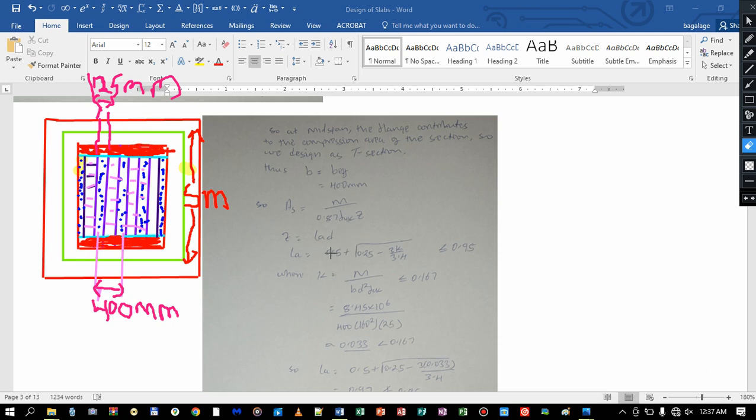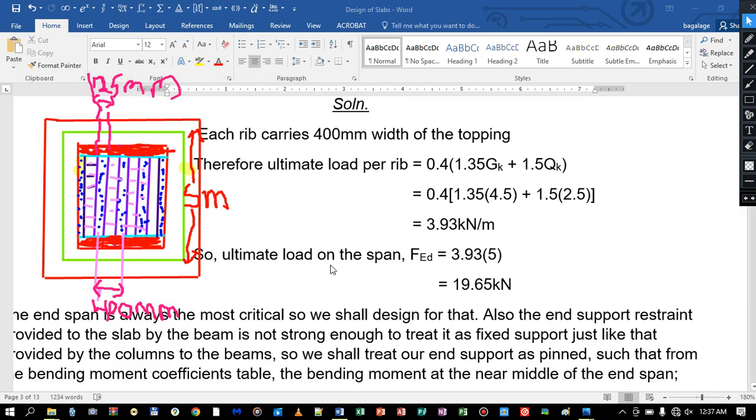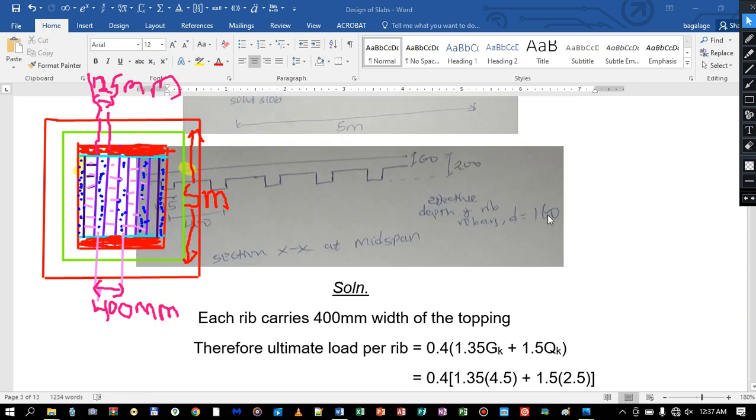So z is determined by multiplying a factor la by the effective depth of the section, whereby in our question the effective depth was given to us as 160 mm, but if you are doing a real project, you calculate it by deducting the concrete cover and half the diameter of the rebar of the main steel.